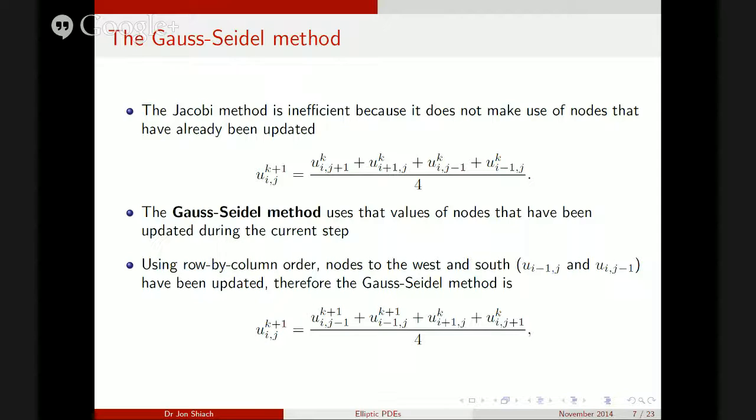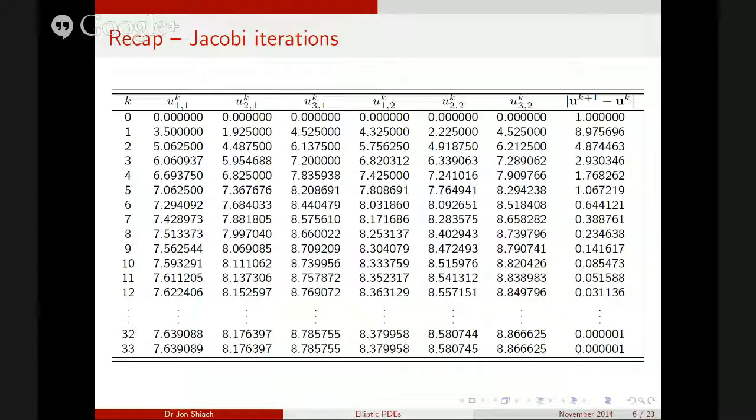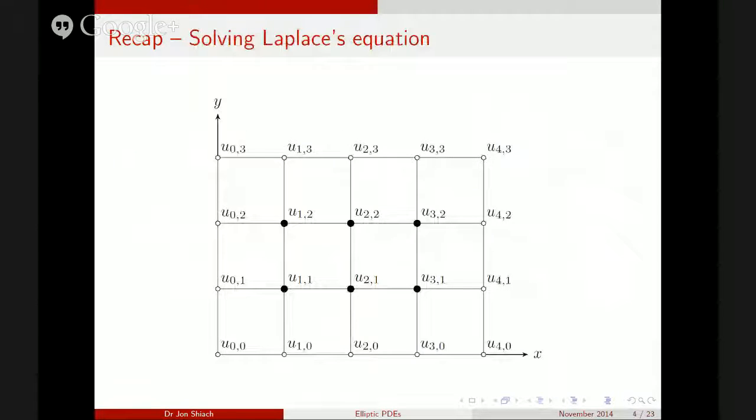Okay, what do I mean by that? I'm just going to go back to the grid. Okay, starting at this node, if we go for this row first, this is the first node. No other nodes have been calculated for the current iteration, so that's the same as Jacobi method. If we then calculate this node, okay, it's the north, east, south, and west sum.